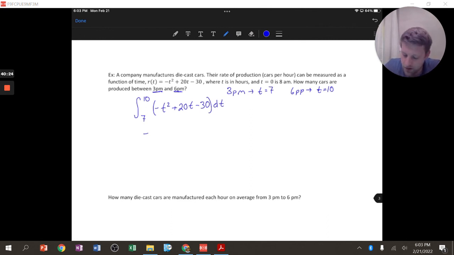We have negative t cubed divided by 3 for the first term, plus 20t squared over 2. And then finally, the constant negative 30 becomes negative 30t, because we really have t to the 0 power to start with.